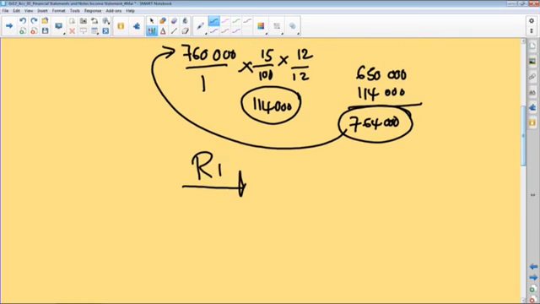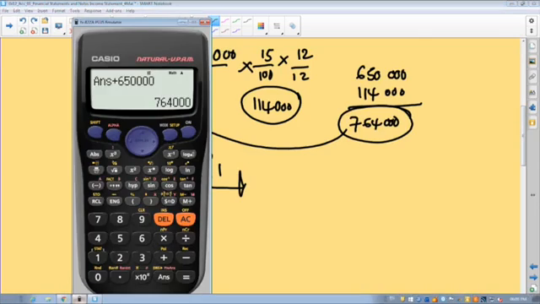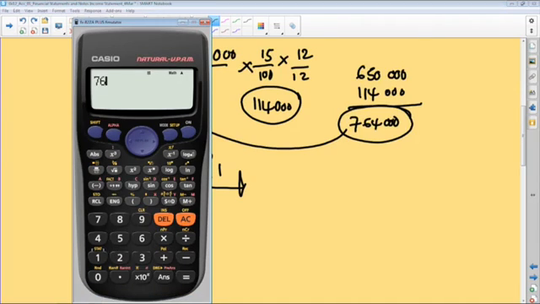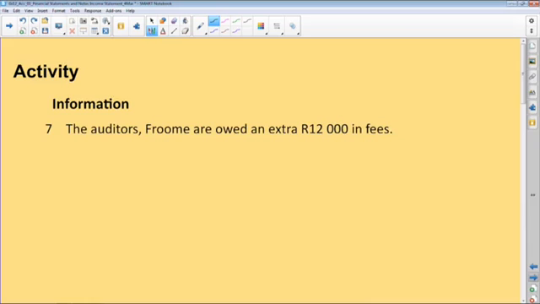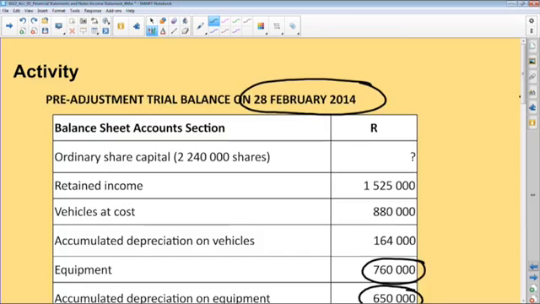And therefore, you take your 760,000 minus the 1 rand you want to be left with gives you 759,999, minus the accumulated depreciation, which in this case was 650,000.